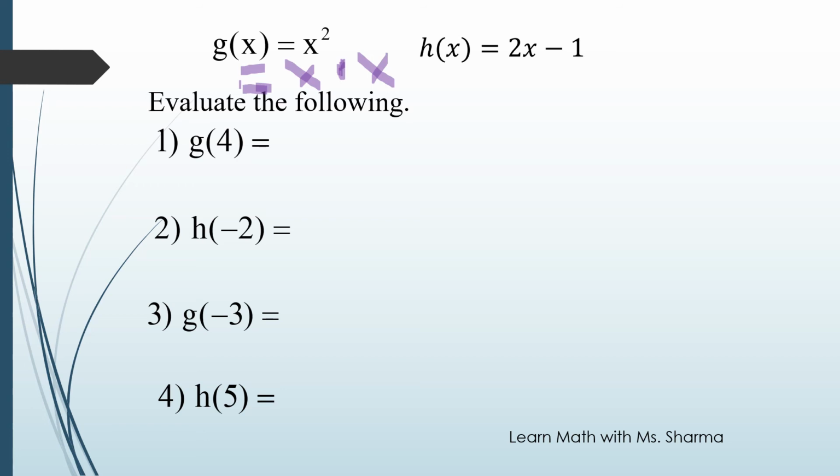So if we want to find g of 4, it's 4 squared, plug in the 4 in place of x. So x is 4, you plug in 4 in place of x, you have 4 times 4. 4 times 4 is 16.